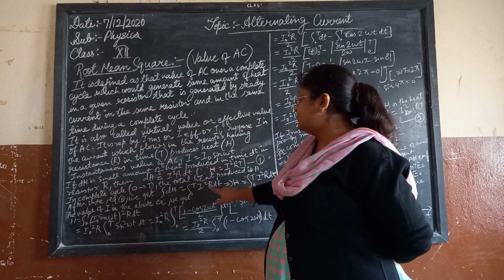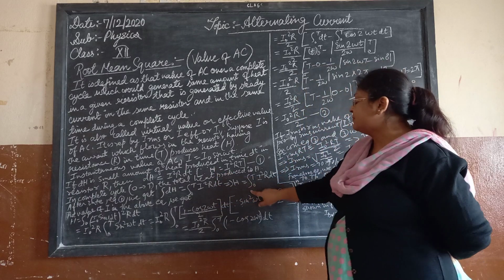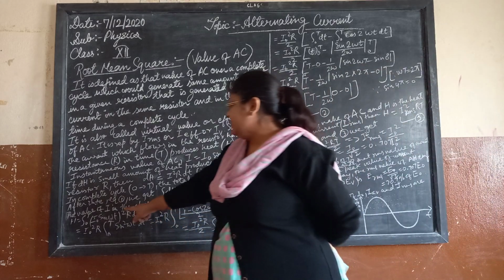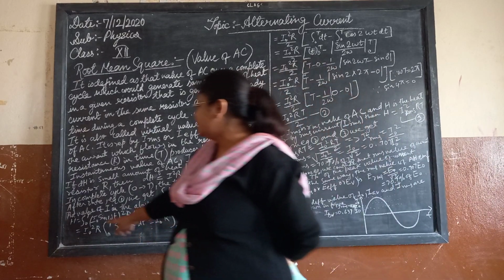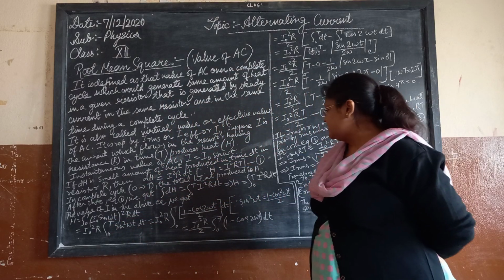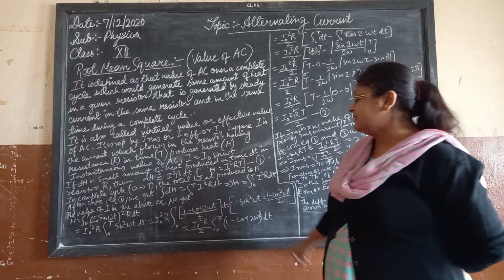That is the H value we are putting here. So H will be equal to the integral from 0 to T of I square R dt, where the value of I is I0 sin omega t, so I square is being given.